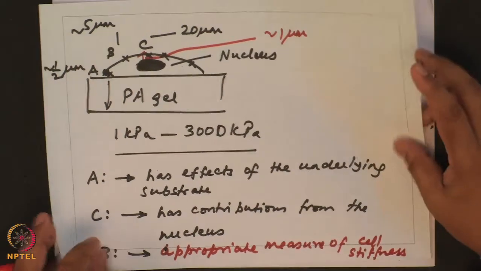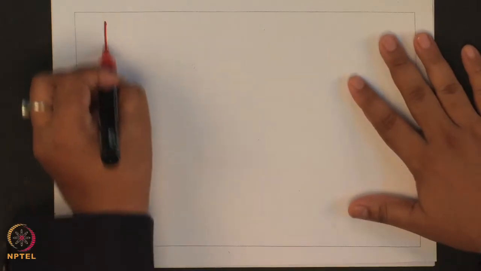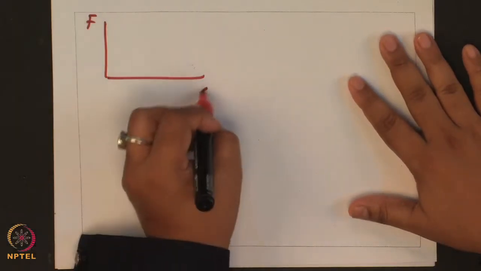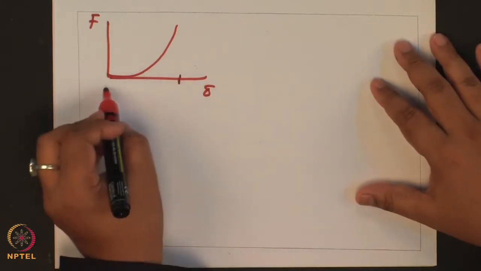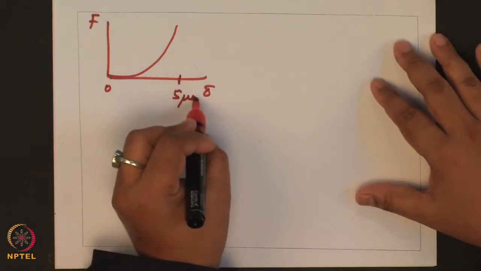One more important point is, let us say your F versus delta curve has this height, and this height is from 0 to 5 microns.